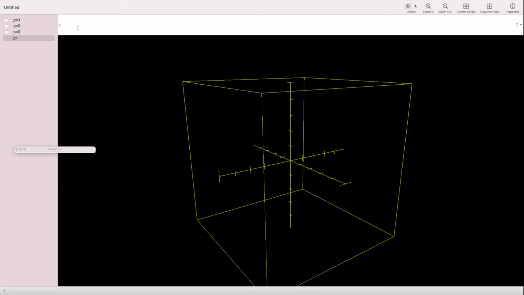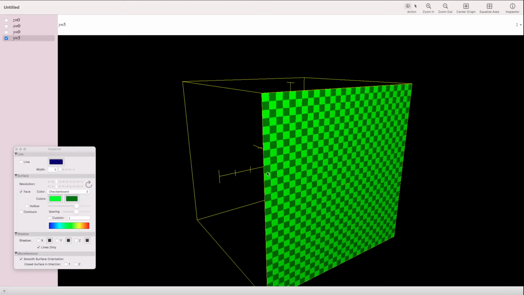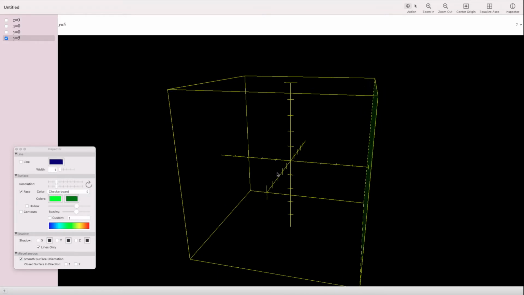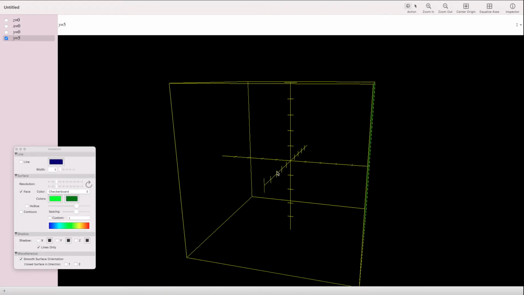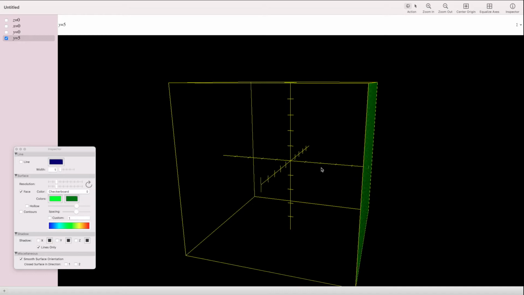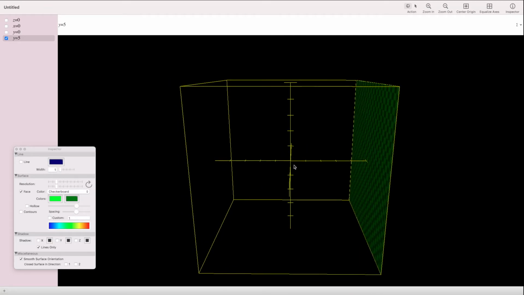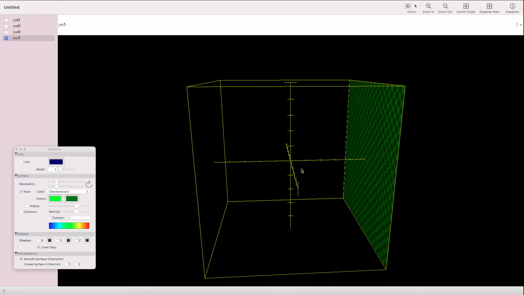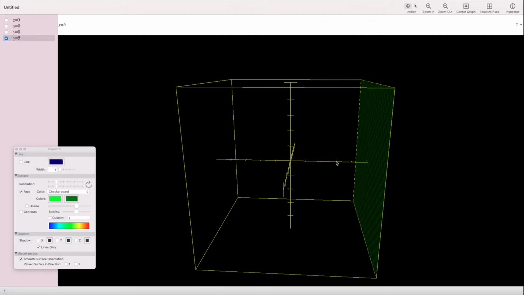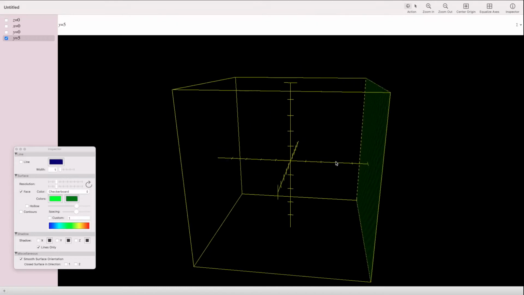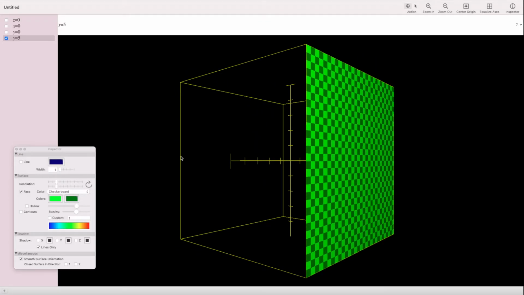So y equals 5. Okay, so this is y equals 5. Actually, 1, 2, 3, 4, 5. This is the y-axis. Toward me is the x-axis, and then this is the positive z-axis. So this is a plane with y equals 5.